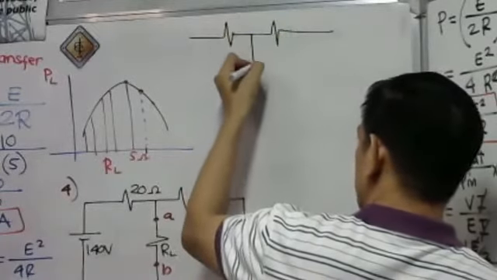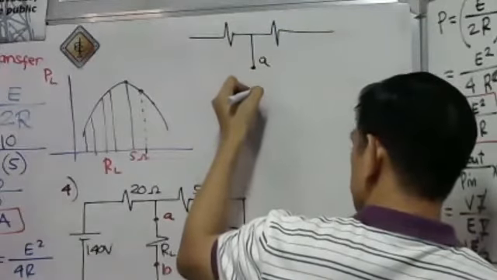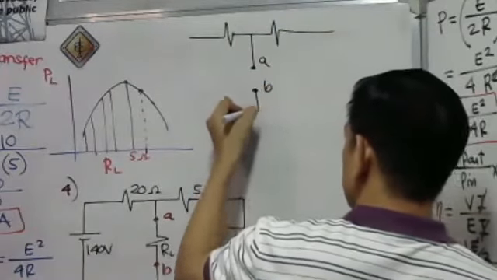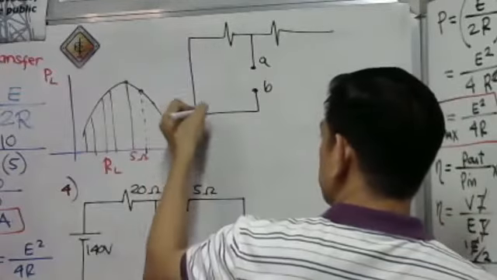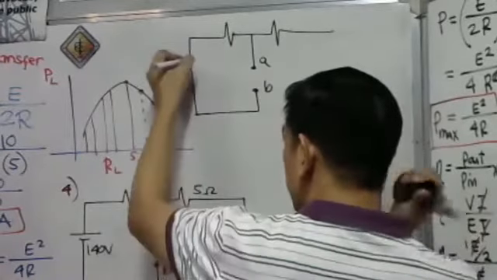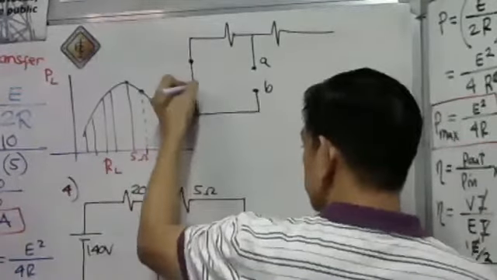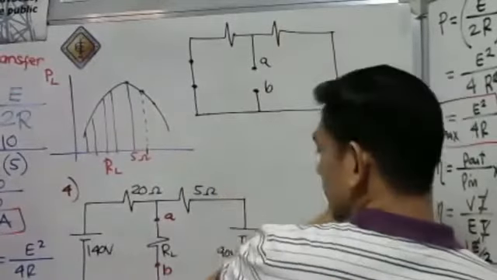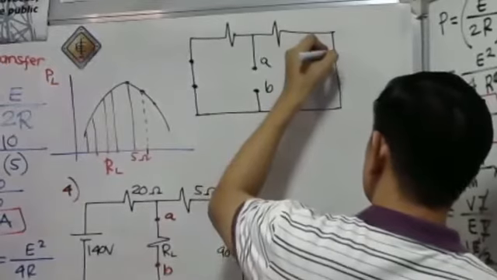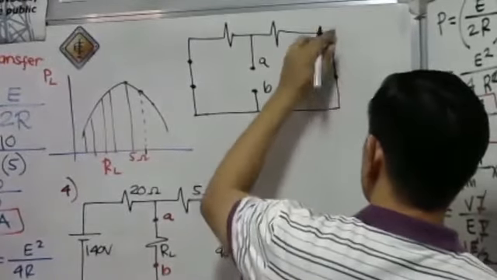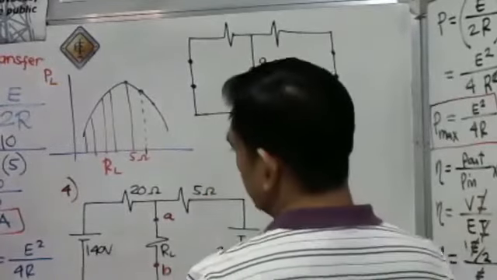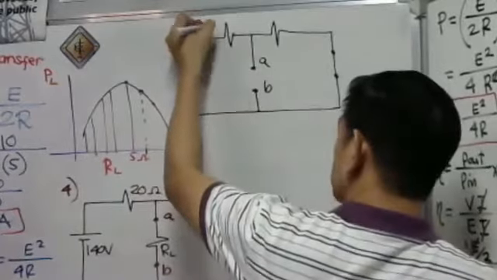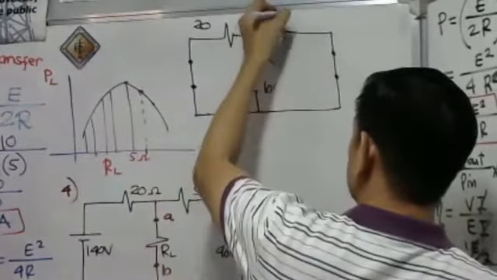So this is our point A. This is our point B. This is the terminals of the 140 volt source, and here are the terminals of the 90 volt source. This is our 20, this is our 5 ohms.